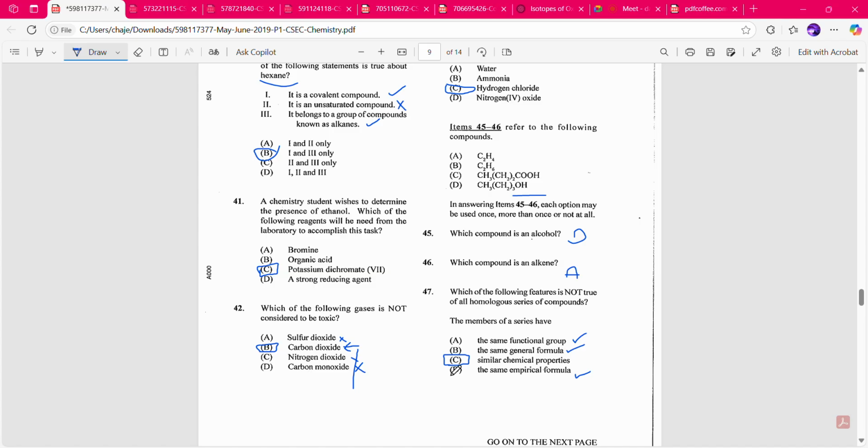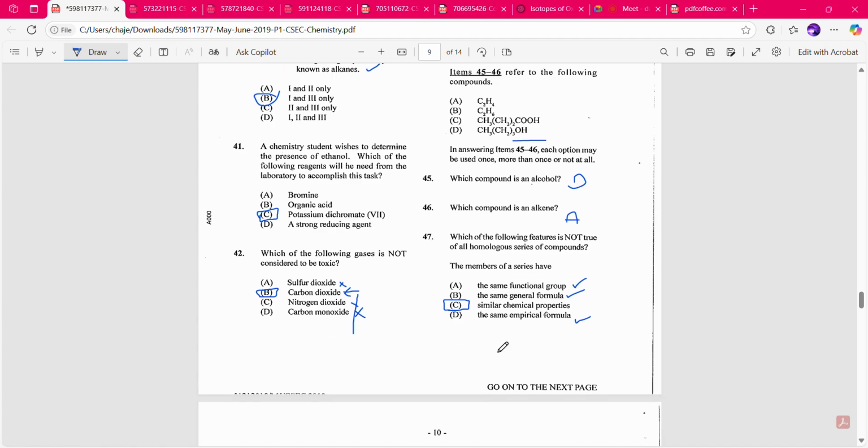Right, they all have similar empirical formula. Once you simplify their general formula or their molecular formula, you will get the same empirical formula. They have the same general formula and they have the same functional group. So 47 is C. They all react the same. However, based on the amount of carbons present, their reactivity can in fact change.